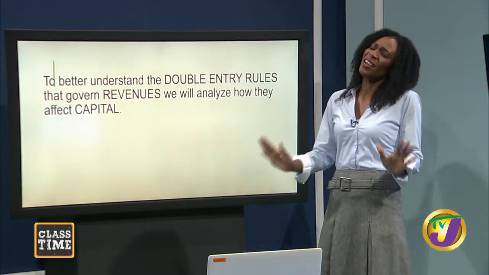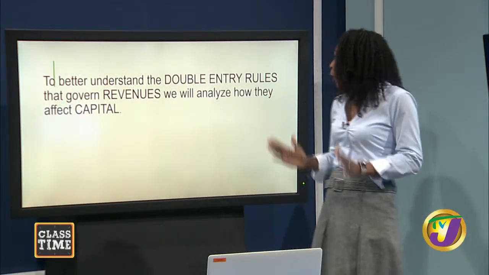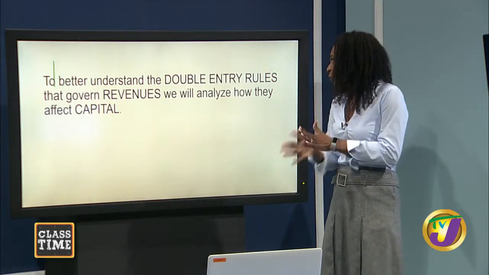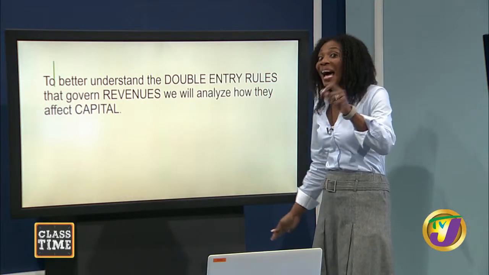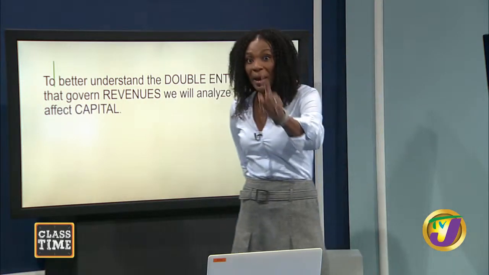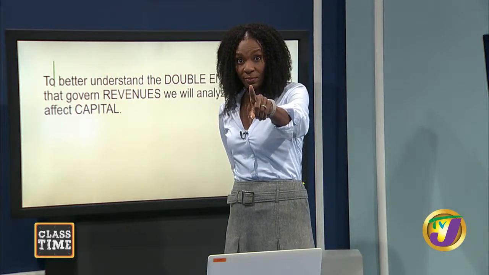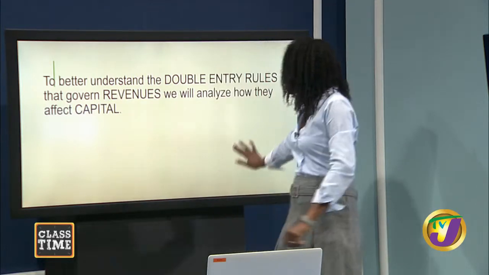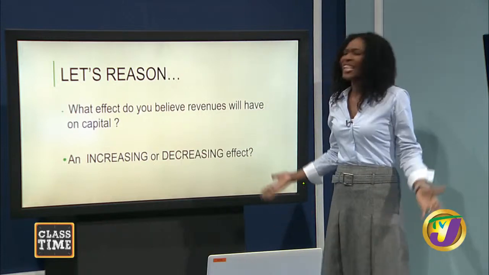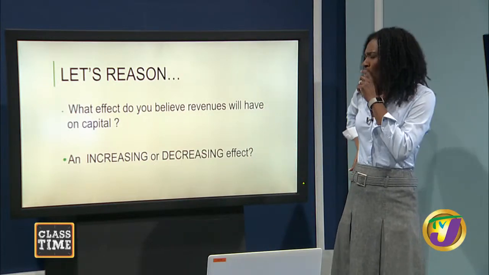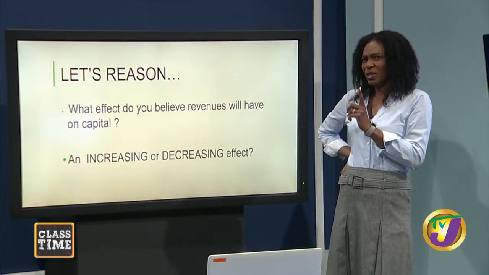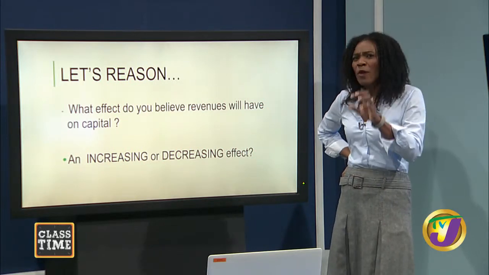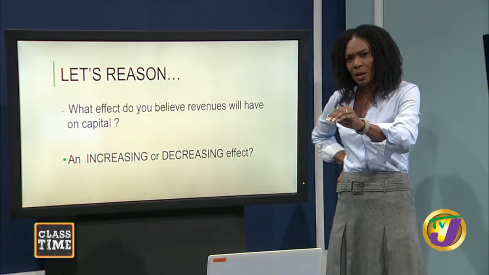Now, to better understand the double entry rules that govern revenue, students, we will analyze how both of them affect capital. All right? Now, let's reason. What effect do you believe revenues will have on capital?